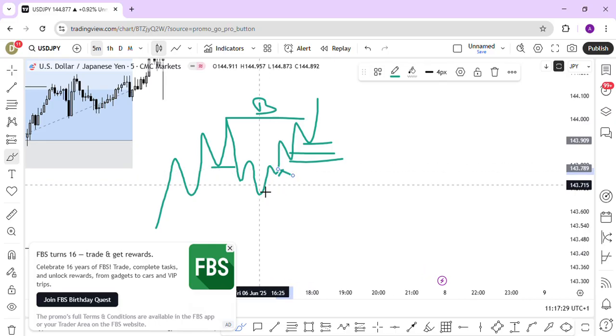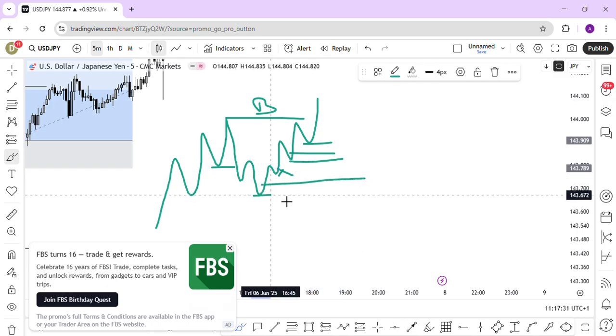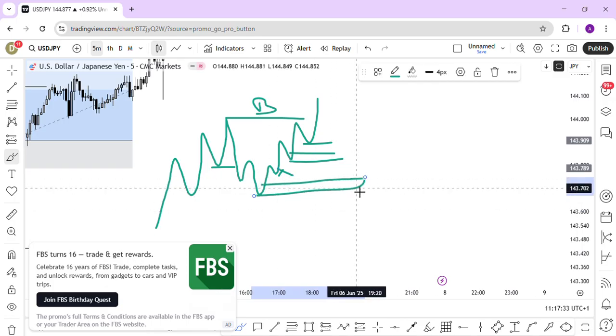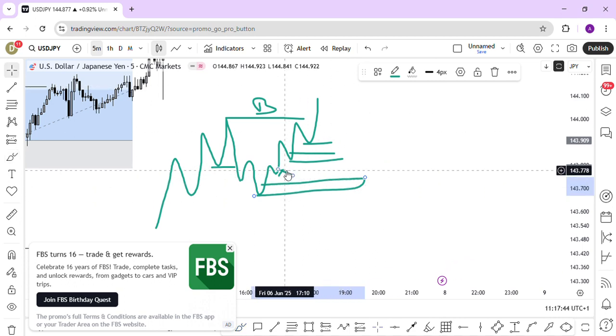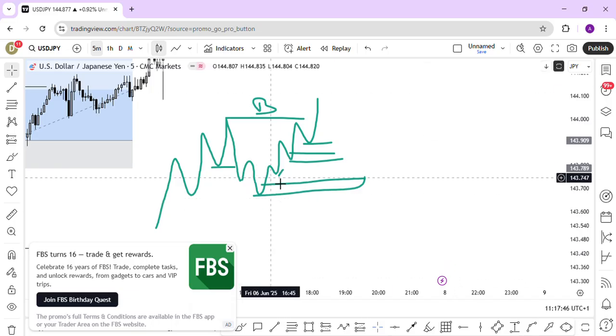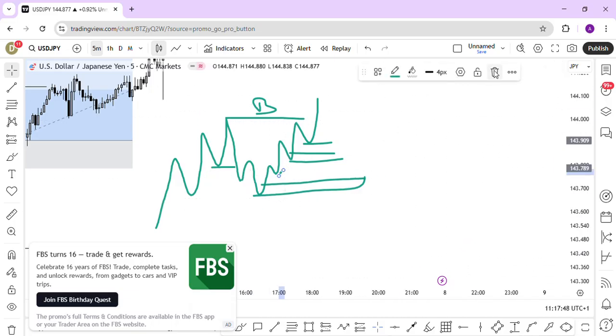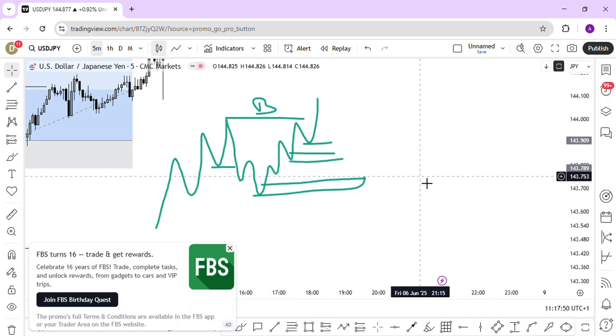It's an inducement for this order block. So every order block that is going to be valid, or that the market is going to react to, must always have an inducement. Some people call this engineered liquidity, which is also correct, but the simple term for it is still inducement or liquidity.